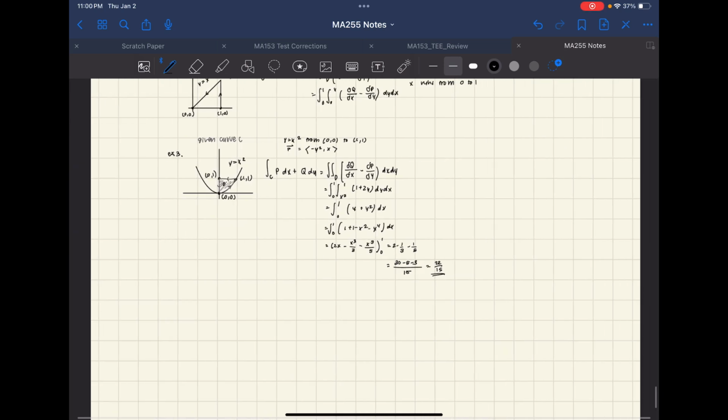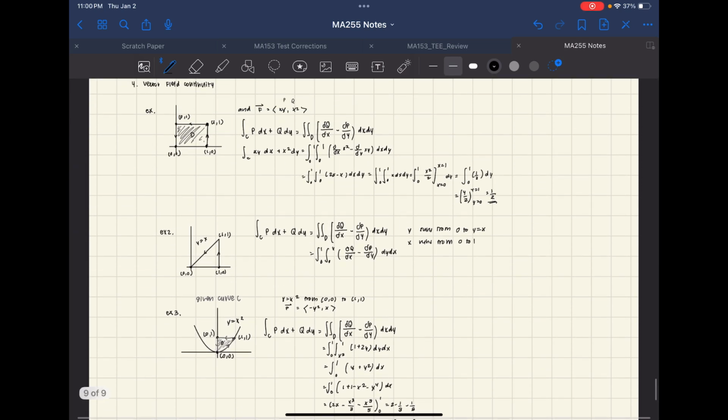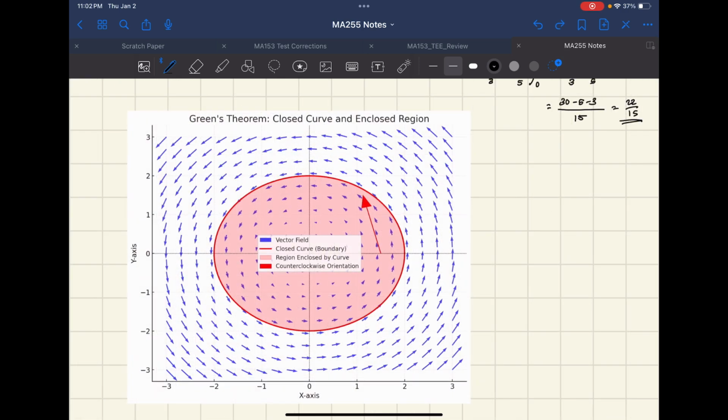Here is a visual representation of Green's theorem. The red curve represents the closed boundary C, which is a circle with radius 2.